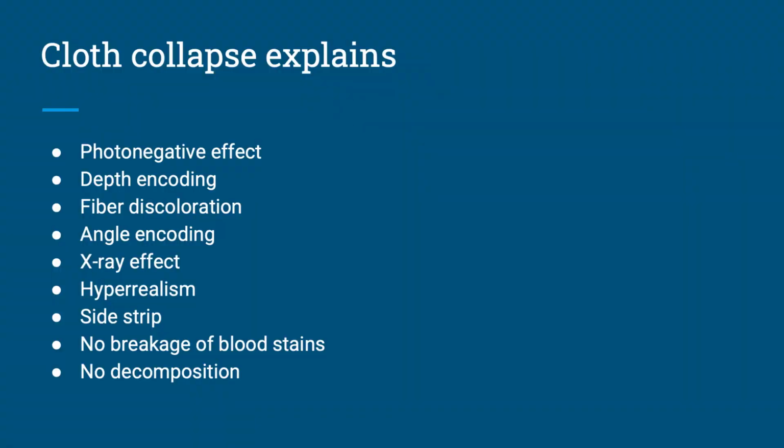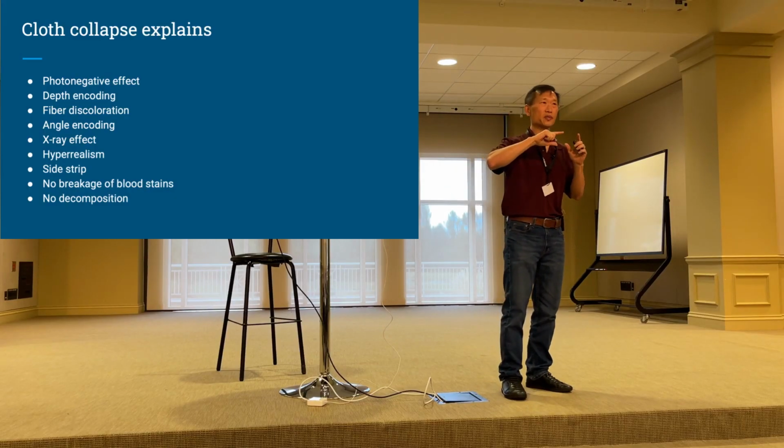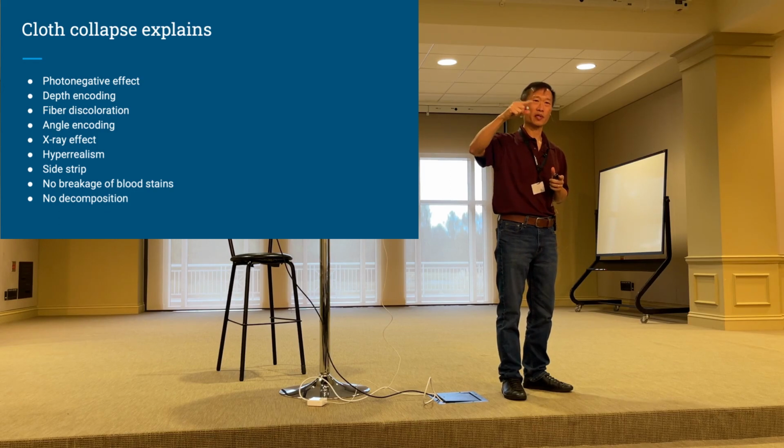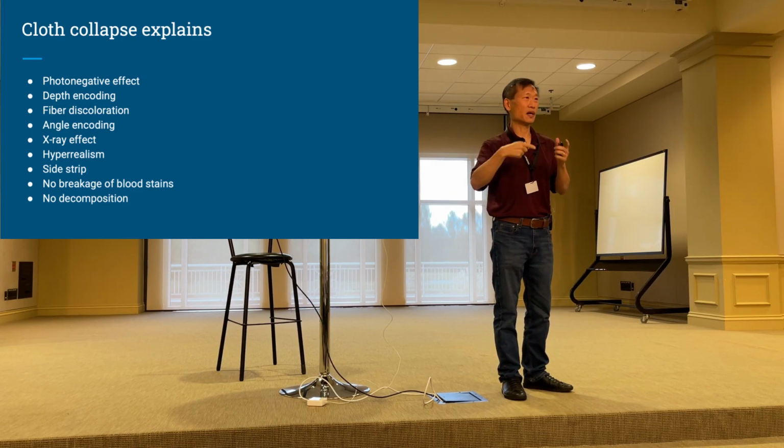So it explains all these features of the shroud, the photonegative effect. The cloth is yellow, whitish, and as the cloth was interacting with the body, it oxidized.